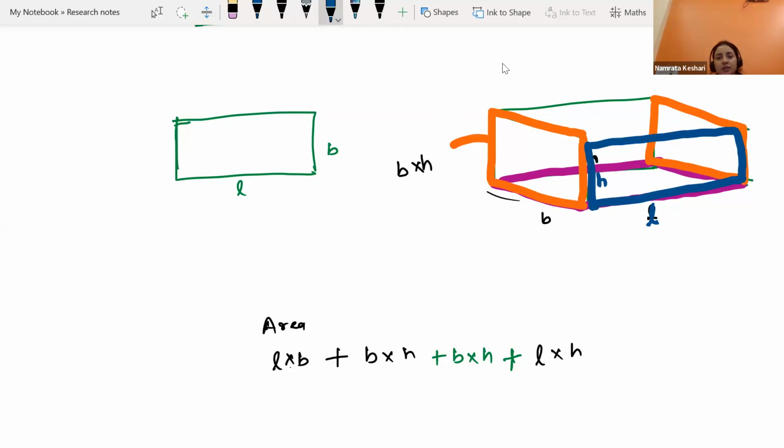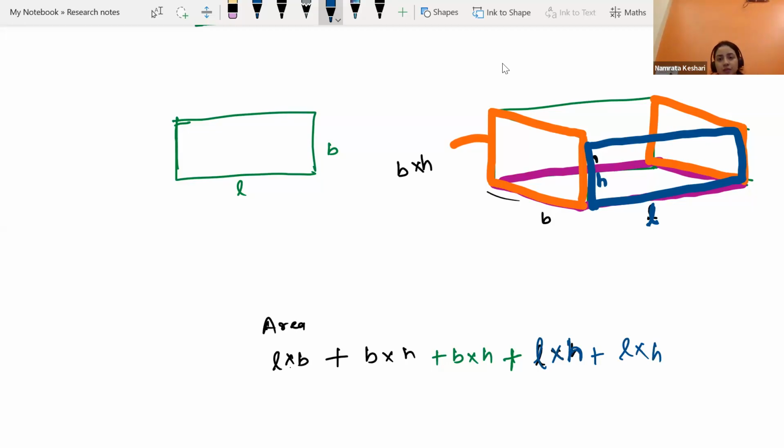Yes. Okay, so we have taken this one. Now, just like the front, there is a back. On the back also we'll have exactly the same blue rectangle. So one more time I'm going to write L into H. Is it making sense to all of you?